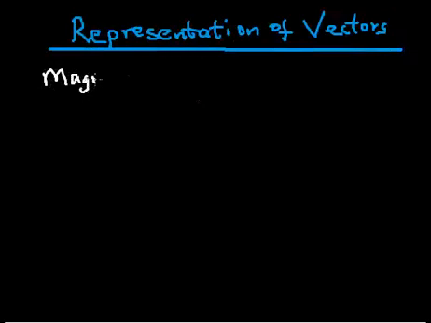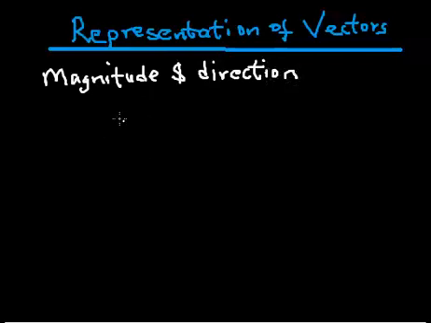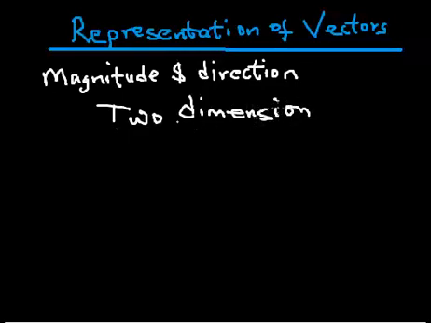First, the magnitude of the vector, and of course I still need to represent the direction of the vector in space. There are ways to actually represent that. We have the two-dimensional representation of vectors.